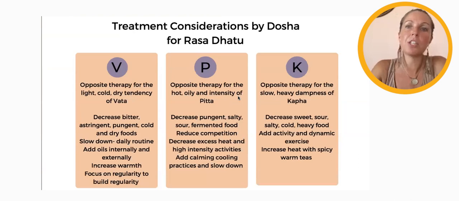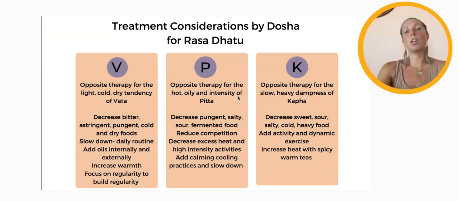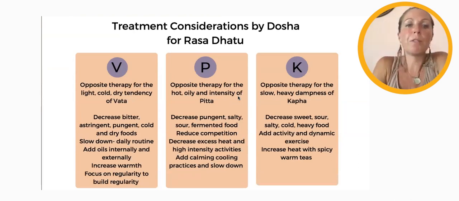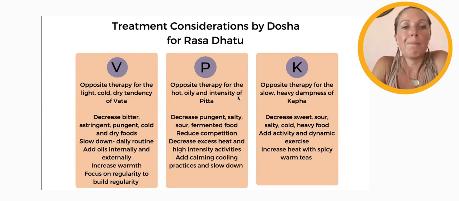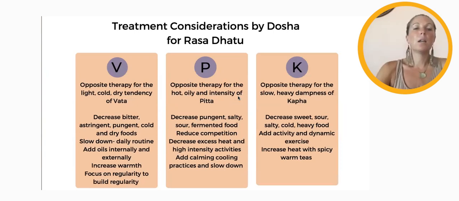And some considerations for dosha for each dhatu. So with vata, opposite therapy for high vata would be decreasing bitter, astringent, pungent, cold, and dry foods, slowing down daily routine, oil internally and externally, increasing warmth, focus on regularity.